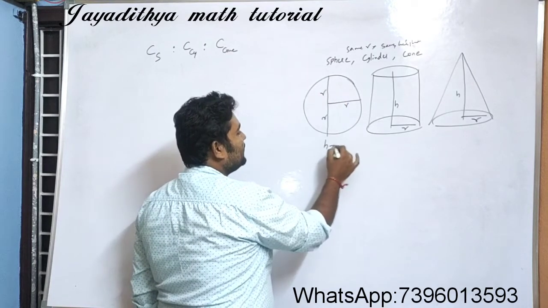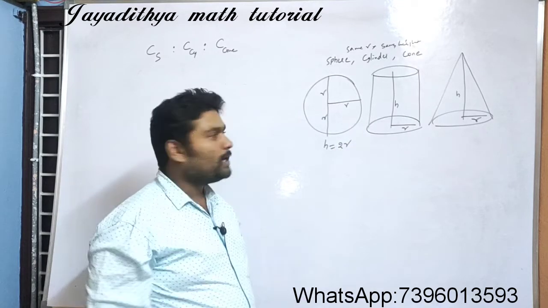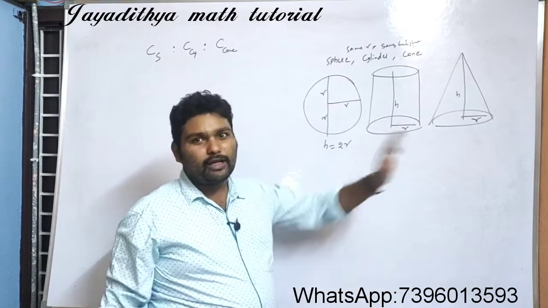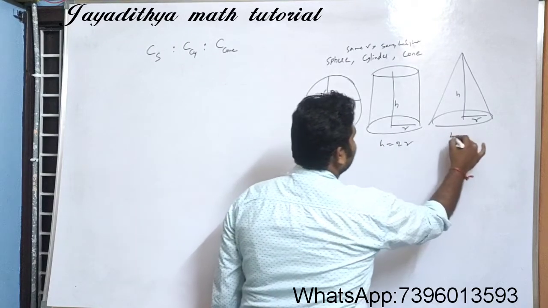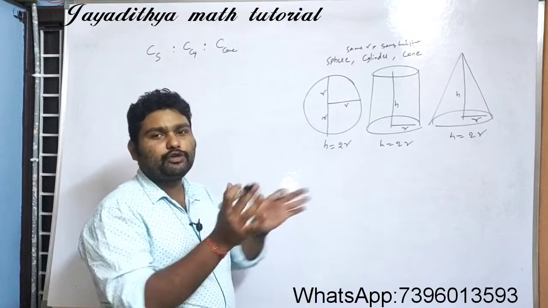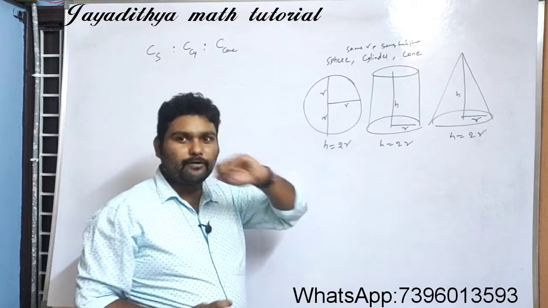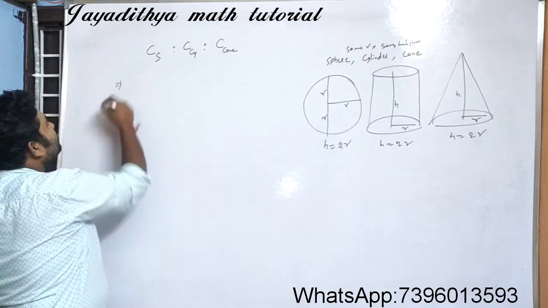So here you can take h is equal to 2r. Height will be equal to 2 times the radius. So height is equal in all the 3 cases, right? So here also you can take h is equal to 2r. The only thing is you need to convert everything in terms of radius, then you will understand the problem. So first of all, let us write the formulas here.